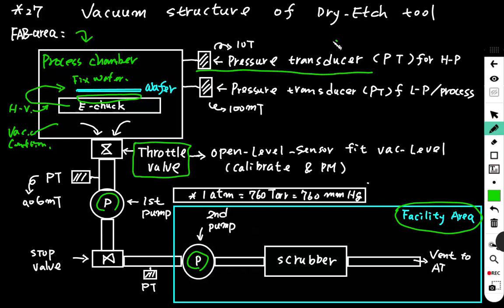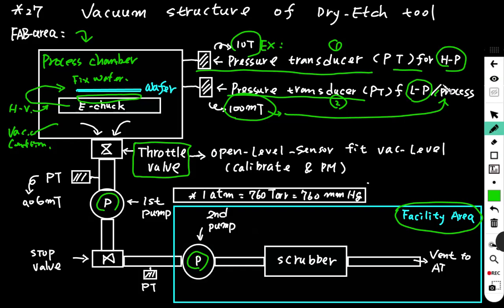One pressure transducer is to test the high pressure, for example 10 area, and the second transducer is for low pressure, approaching 100 millitorr and below.